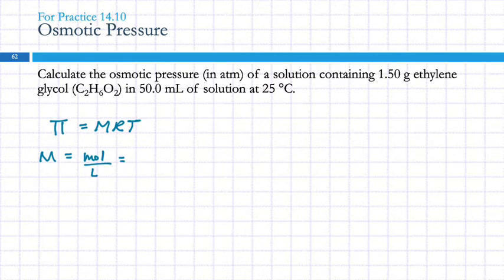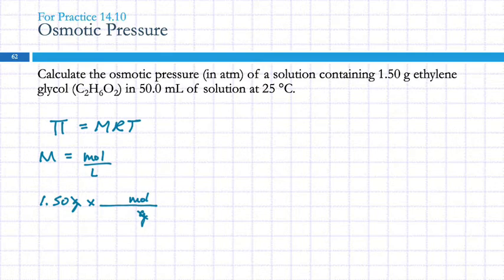So let's just do these separately. To calculate the moles of solute here, we have to use the molar mass, right? Because we've got 1.50 grams, and we want to convert that to moles and have the grams disappear. This is our conversion factor, the molar mass, right?